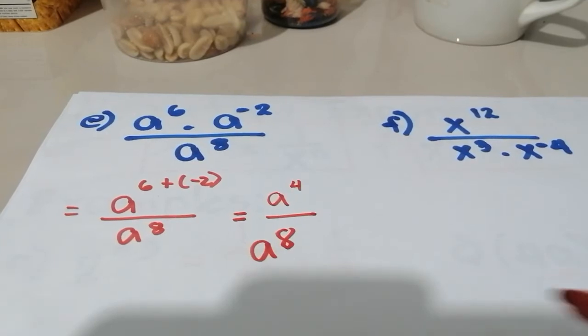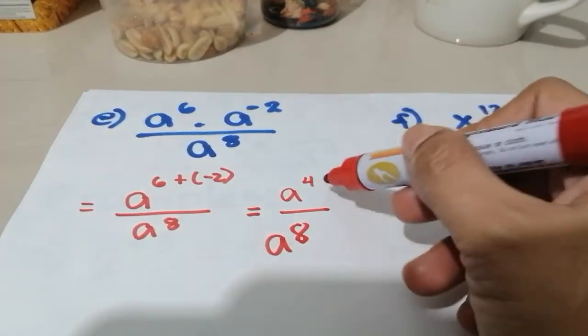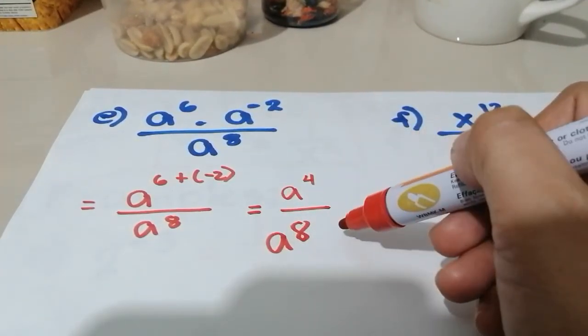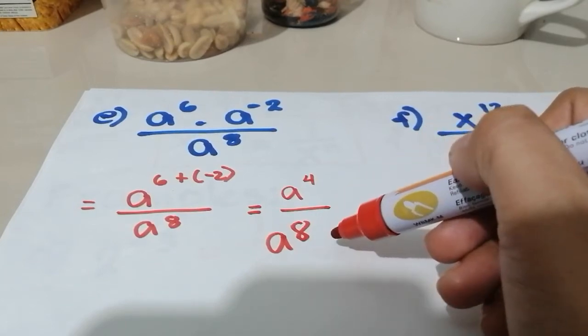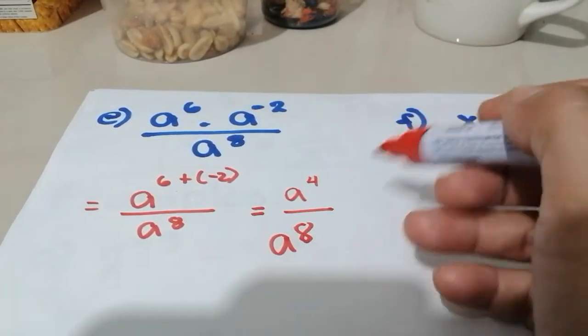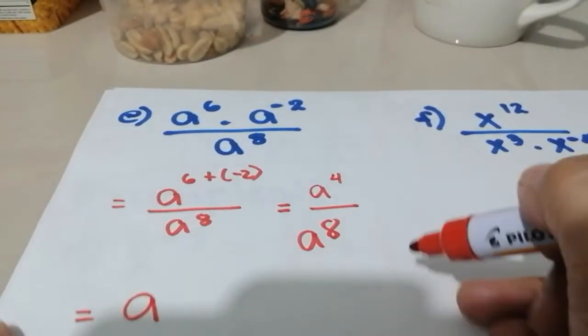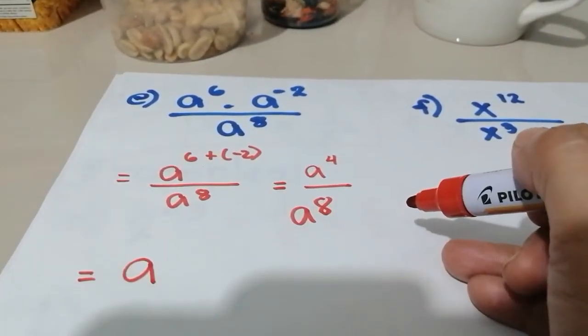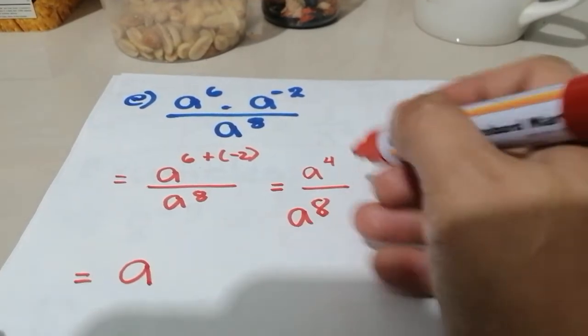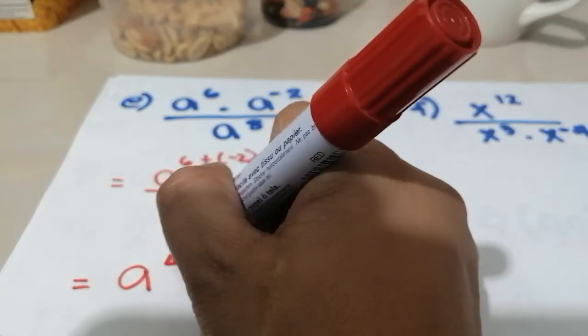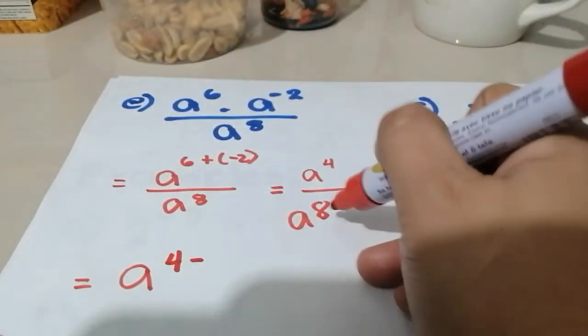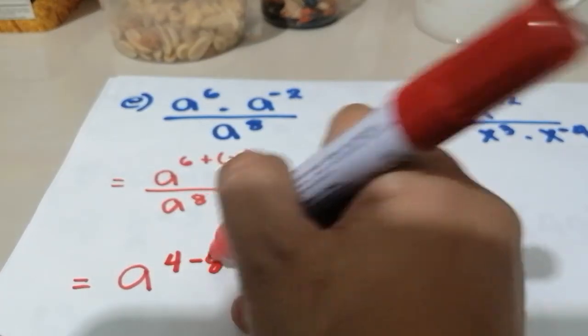Okay? Now, the next thing is we will be doing the division rule or the quotient rule. So, the quotient rule states that we are going to copy the bases. Tapos, anong gagawin natin? We are going to subtract the exponent. So, yung unang-una, yung nasa taas, 4 minus yung exponent sa baba na 8.